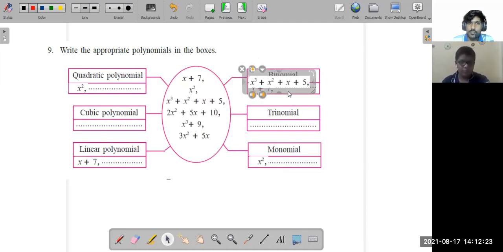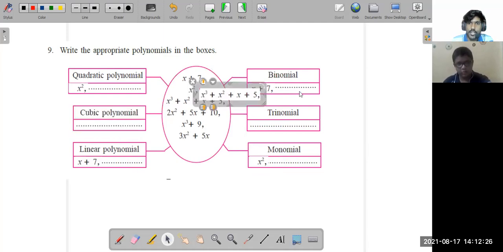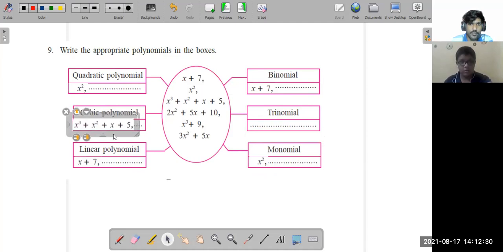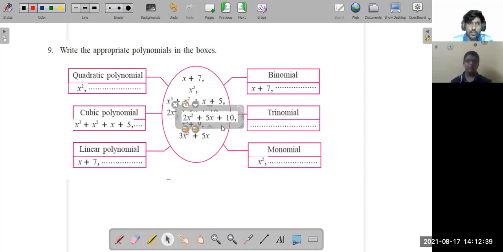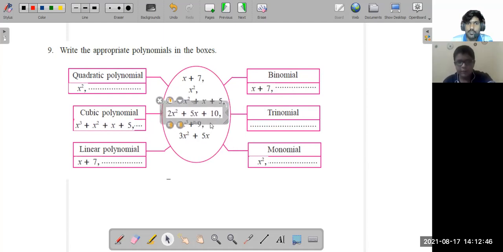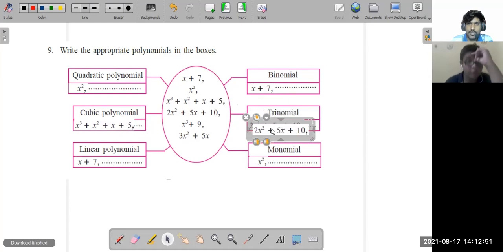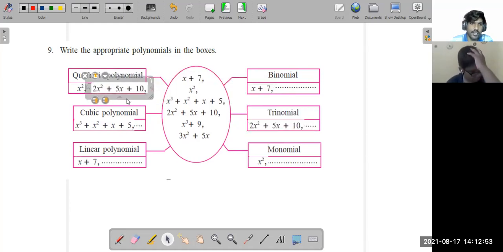It will be a cubic polynomial, sir. Will it be any one of these? No, sir, just cubic. Next, 2x square plus 5x plus 10. How many terms can you see? It would be trinomial and quadratic. Yes, correct.